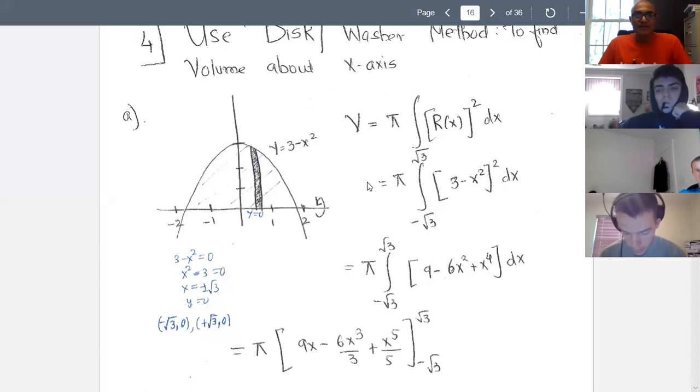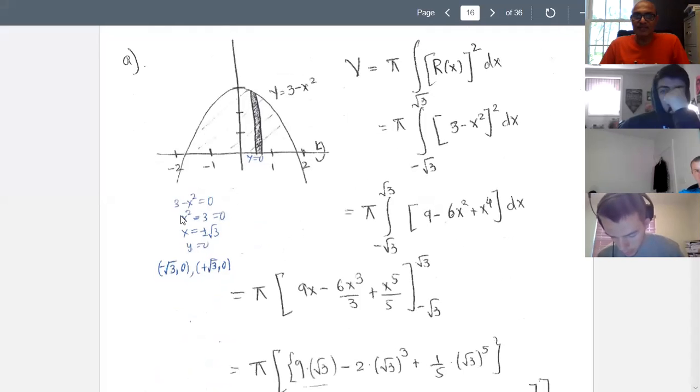Okay. So now this is the disk method. Already explained the disk method to you. 3 minus x square. You want to find now how I fixed my limits from -3 to 3. That is important. For that, again, you need to solve these two equations. One equation is 3 minus x square.